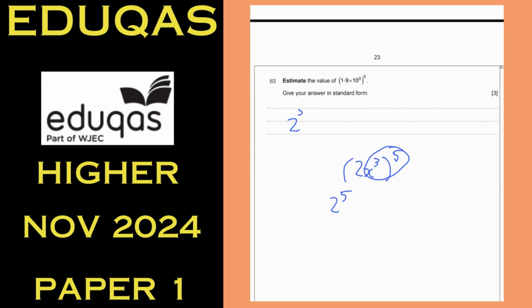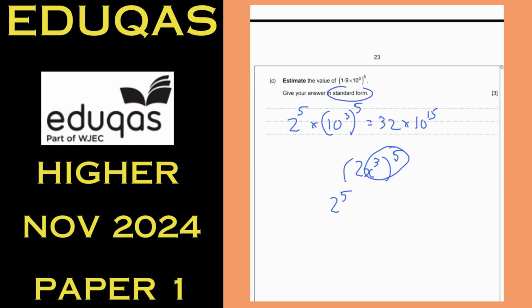We need to have 2 to the power of 5, you get 1 mark for 2, and you need to do 10 cubed all to the power of 5. 2 to the power of 5 is 32, and when you add the powers, you're nearly there. Because not quite.